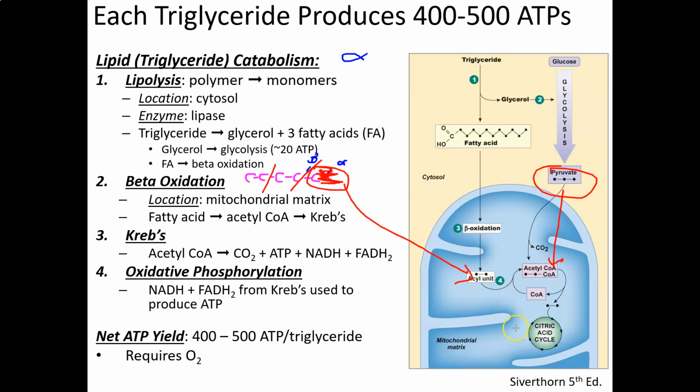There's one problem with lipid metabolism compared to carbohydrate metabolism. Remember, carbohydrate metabolism did have that one advantage of being able to do anaerobic glycolysis. All of the big energy we make, beta oxidation and citric acid cycle, occur in the mitochondria.